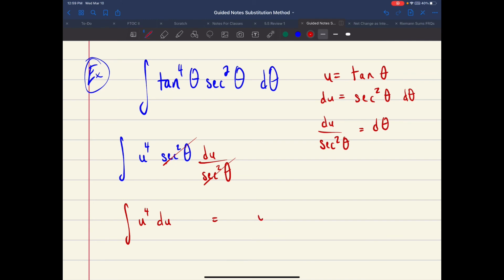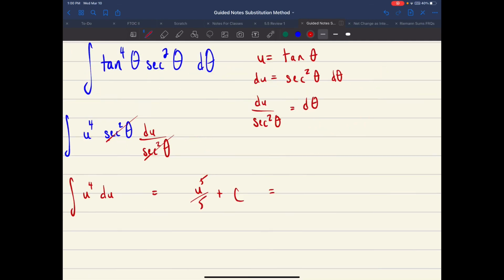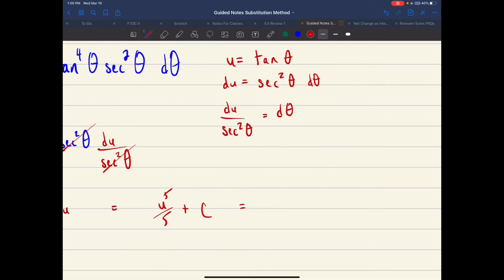From this we get u to the 5th over 5 plus c, since it's an indefinite integral, and then we make our substitution back. So tangent to the 5th power of theta, over 5 plus c.